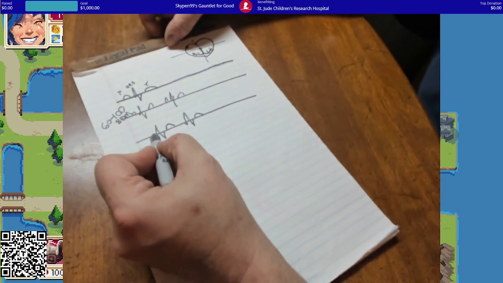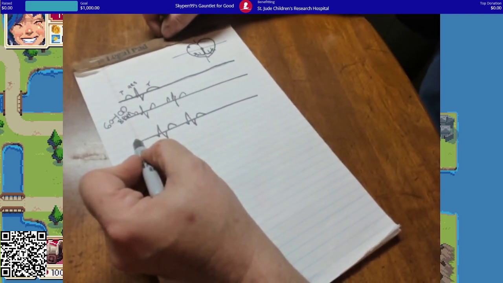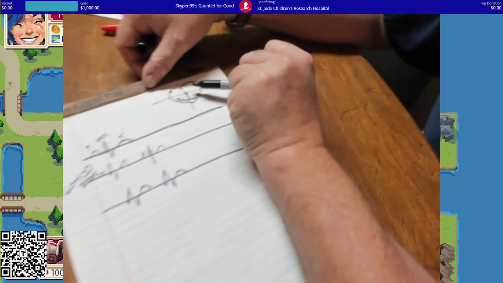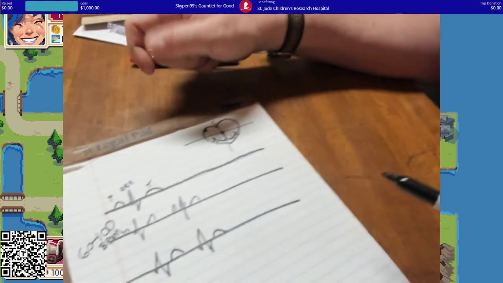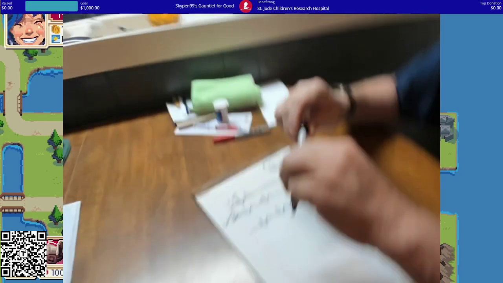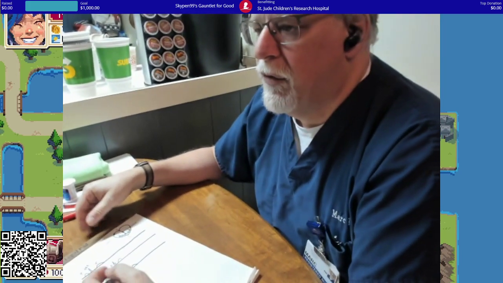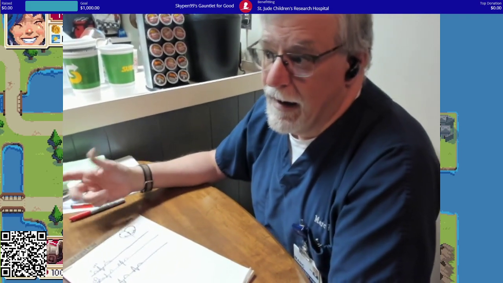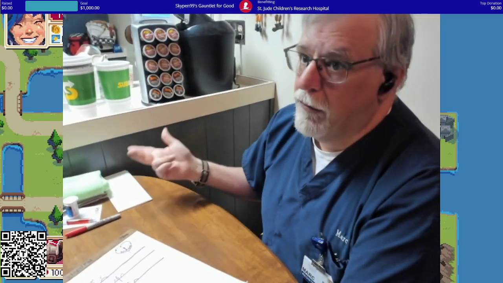Now you don't have the P wave, so the beat is actually starting here in the AV node, and that is a different type of tachycardia. So it's not sinus, it's junctional, or junctional tachycardia if it's faster than its normal intrinsic rate.